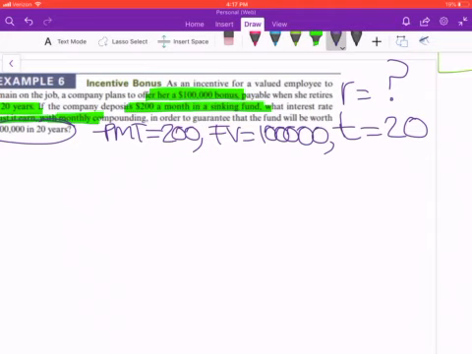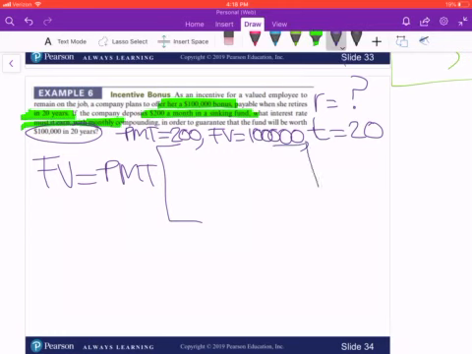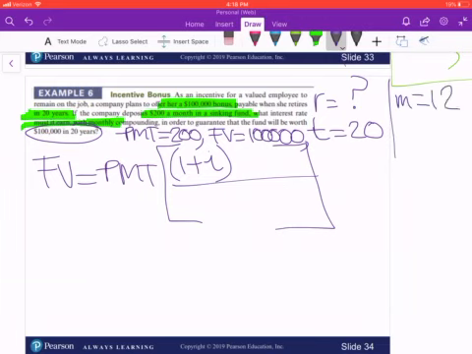So if we take the formula that we've been using for future value, it goes like this: payment, bracket, parentheses 1 plus I. By the way, here M is 12.